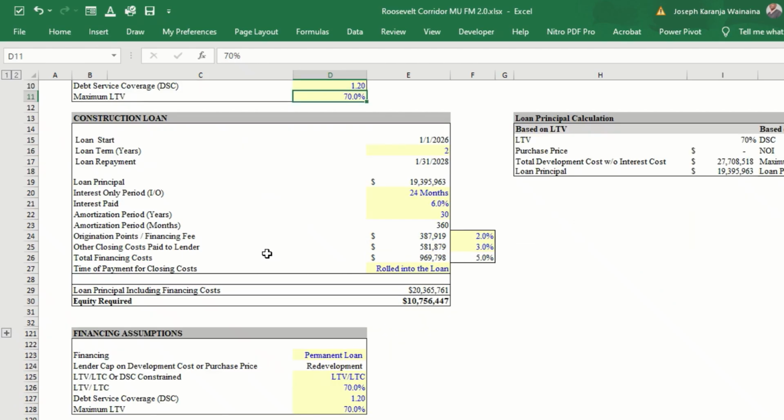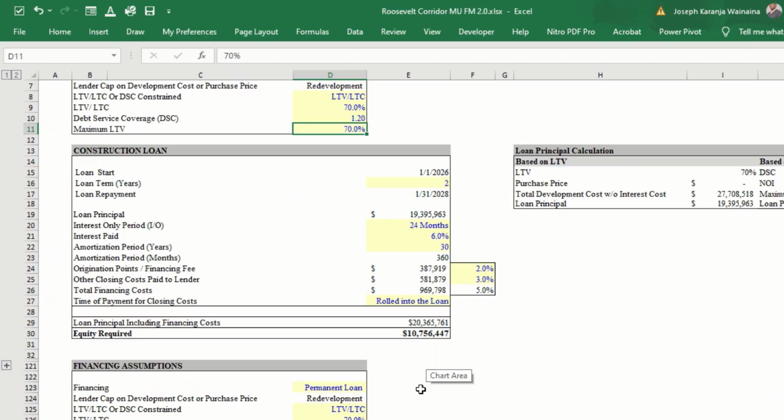So we do have now the construction loan. These assumptions drive what will be the loan amounts that will be calculated in this section. So here is the loan principal calculation section. If it's based on the LTV, you can see the purchase price. There's no purchase. These are ground up development projects.